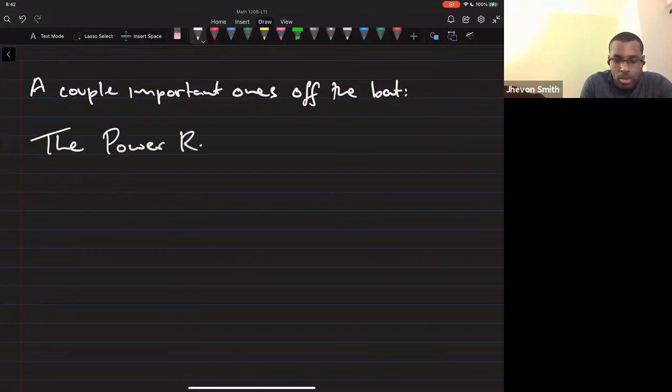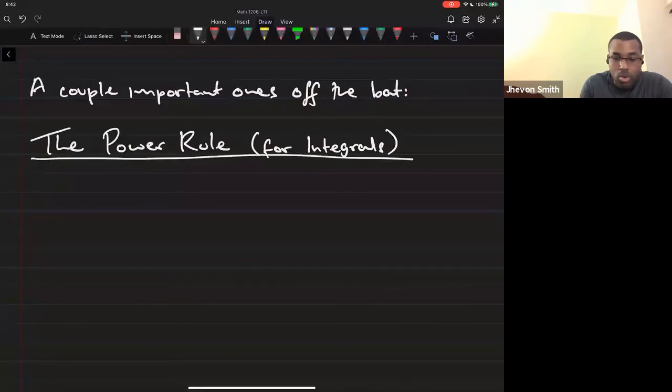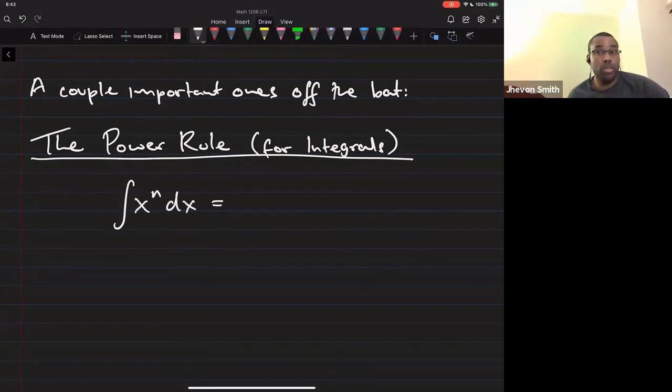This is what comes from reversing the power rule. When we say the power rule, we're normally talking about derivatives, but there is an equivalent power rule for integrals, where you're trying to reverse the power rule. It's when you have something like x to the n and you want to find the antiderivative of that instead of the derivative.